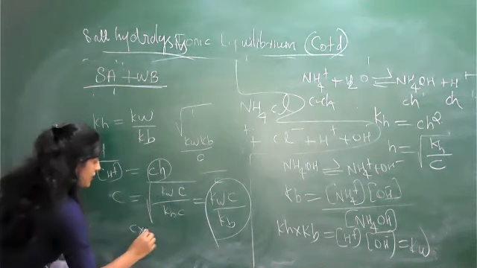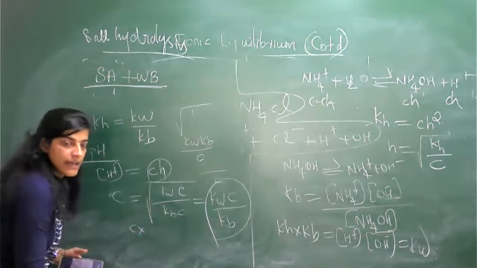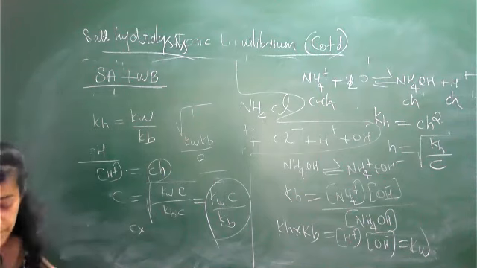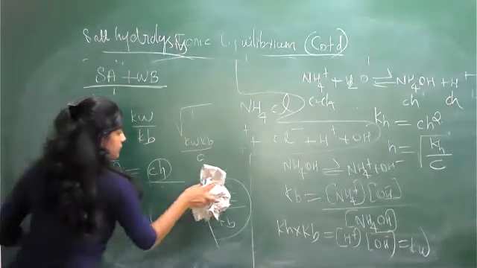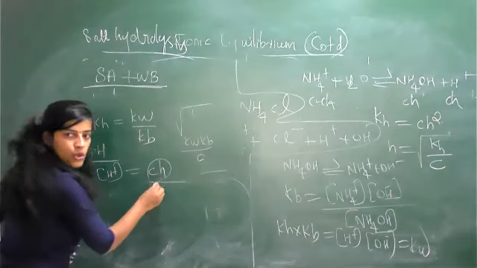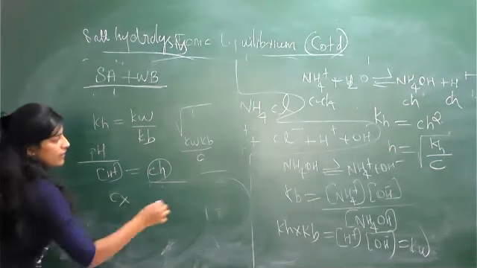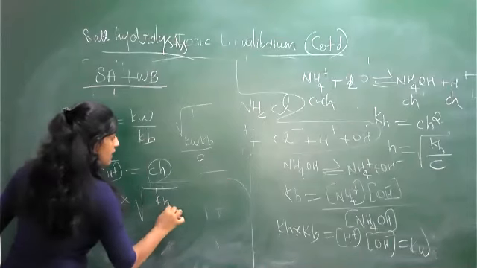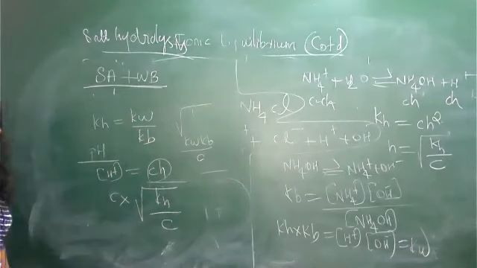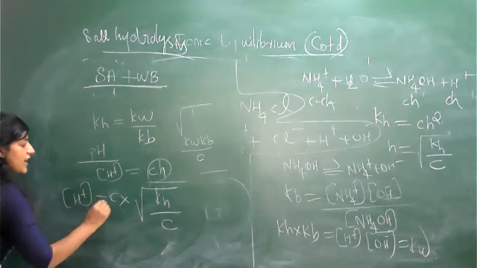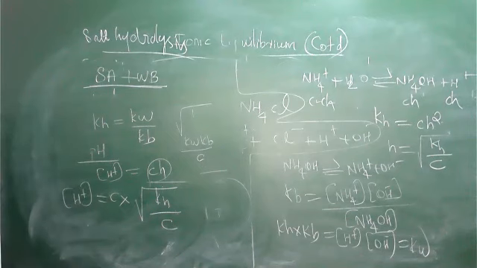Root is, so C into, you want to substitute like that. This much only is correct. Now your Kh you got it. So C into root of Kh upon C. Likewise, you want to substitute. So which is equal to H+ ion concentration. Directly you will get H+ ion.